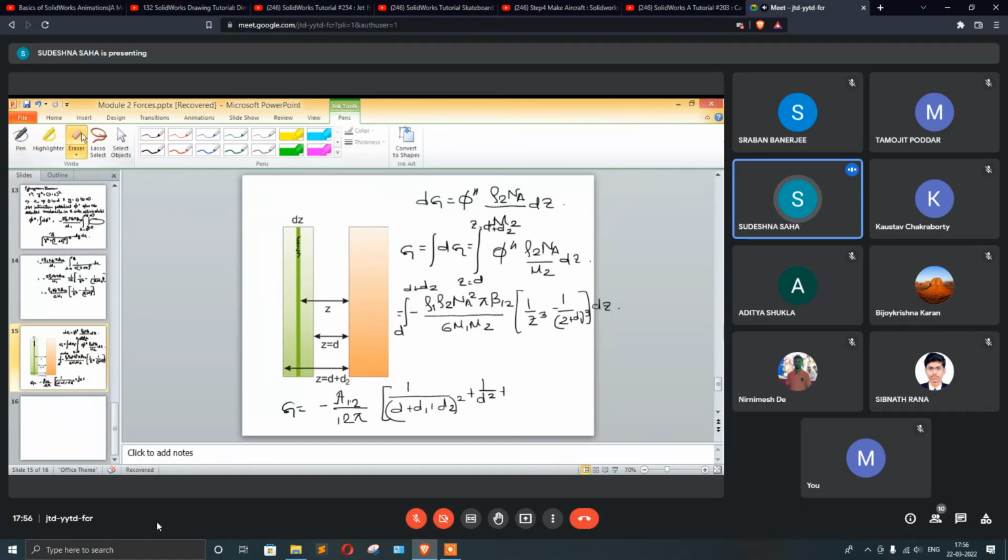If you simply do the maths, you will obtain this. You just need to integrate it. Minus 1 divided by D plus D1 square, minus 1 divided by D plus D2 square.